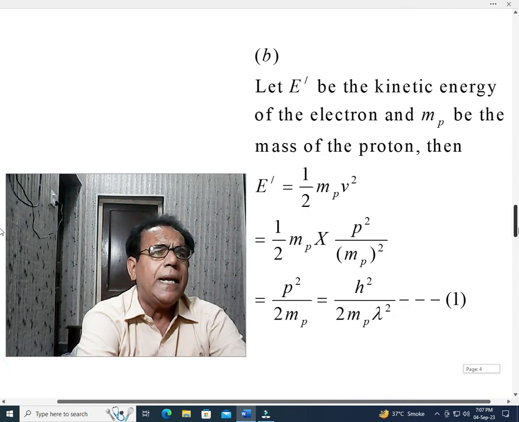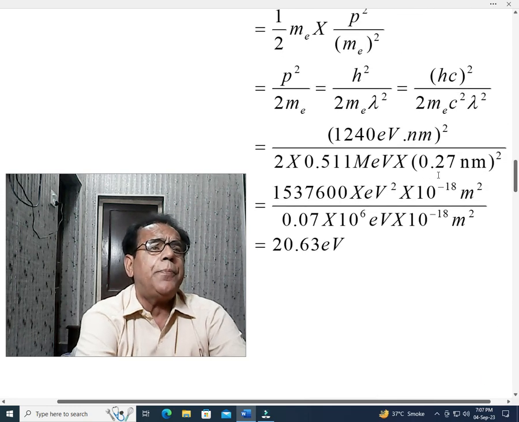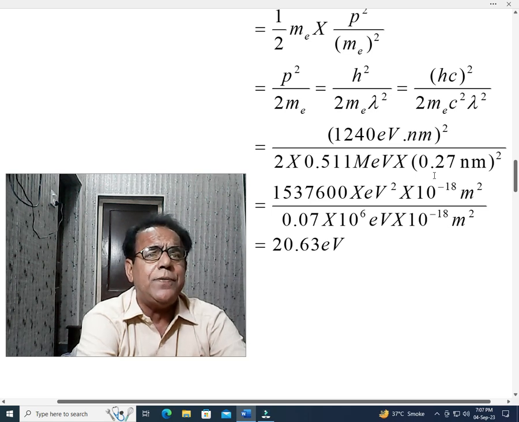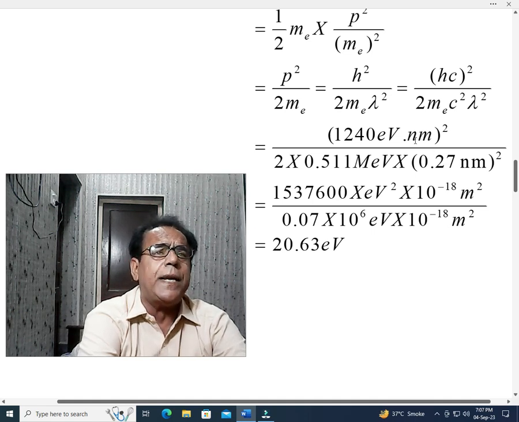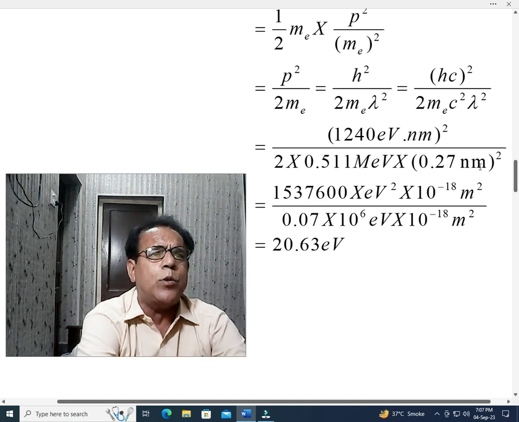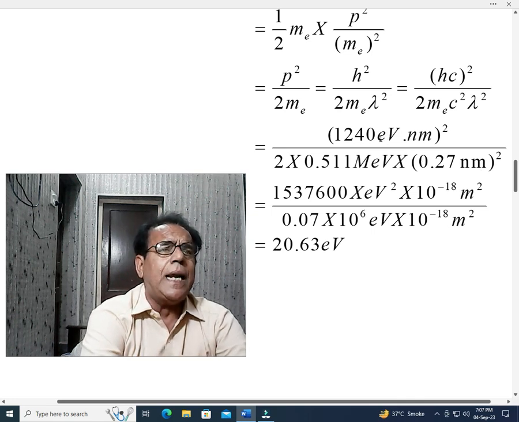Moreover, the value of lambda is given in the statement, which is 0.27 nanometer, nano standing for 10 raised to the power minus 9. We do not need to put the value of nano because nanometer square will be cancelled with nanometer square. This will be electron volt square and this is electron volt.